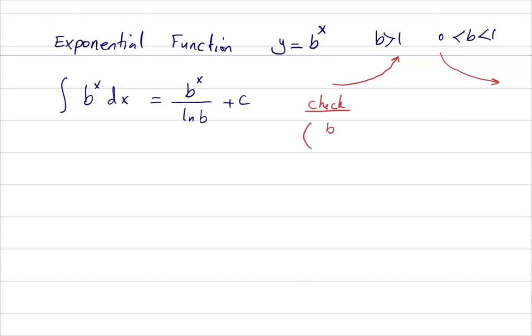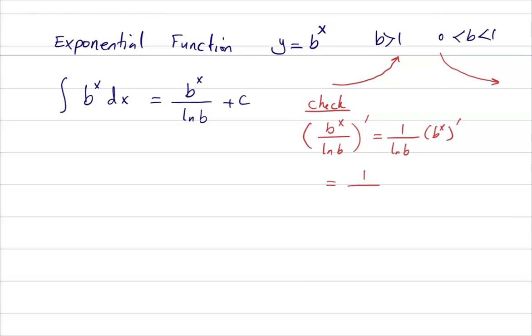If you take the derivative of b to the x divided by ln of b, well, 1 divided by ln of b is just the coefficient. You can write it outside the derivative and then take the derivative of b to the x.